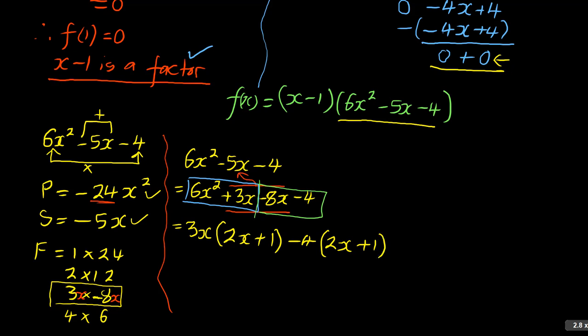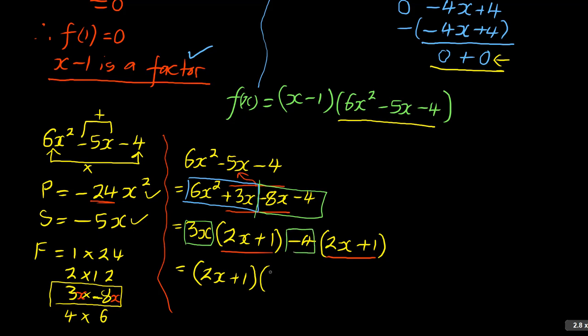So you will always get the brackets that are similar. It is a must. If the brackets are not similar, it means you are not factorizing correctly. So if you move on, we are going then to write the bracket 1, which is 2x plus 1. And what is outside the brackets? You can see you have got 3x and you have got minus 4.